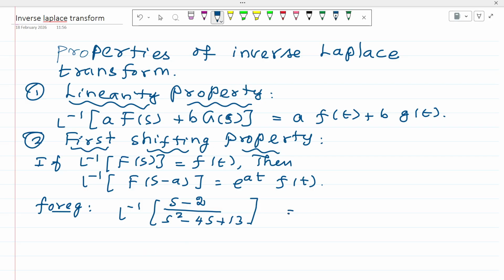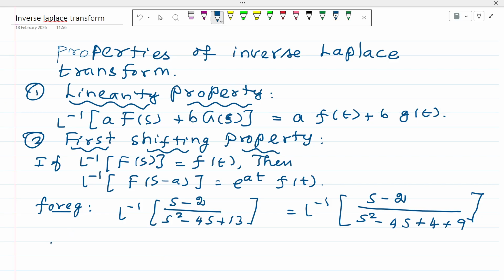See the denominator: s square minus 4s plus 13. Plus 13 can be written as plus 4 plus 9.